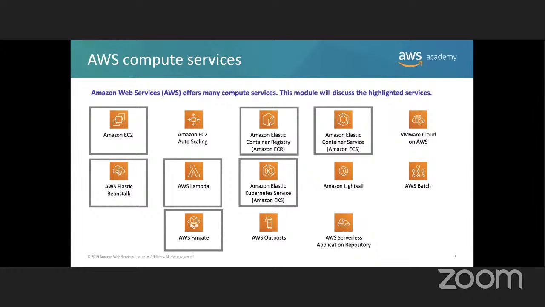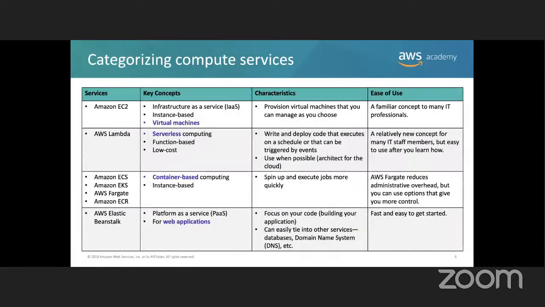Lightsail is the service for that. Batch is for developers. AWS Fargate is a serverless compute container service. And AWS Outposts, we're not going to see that one. And AWS Serverless Application Repository, we're not going to see that one either.